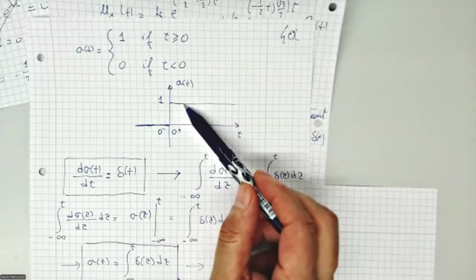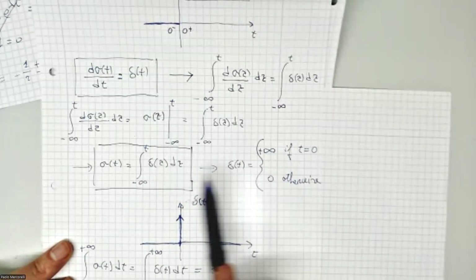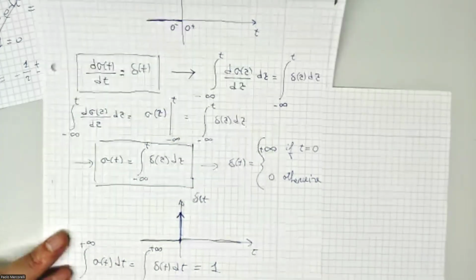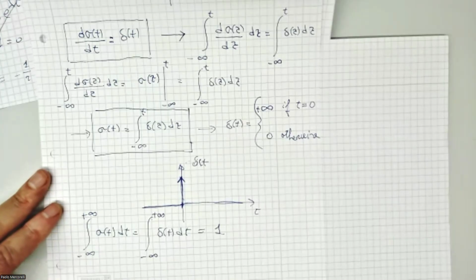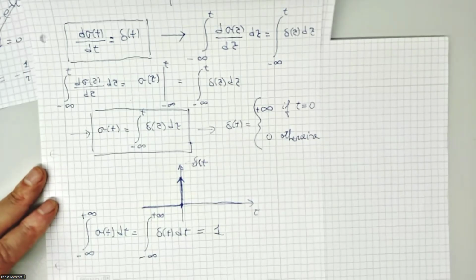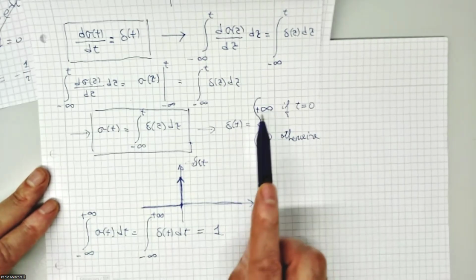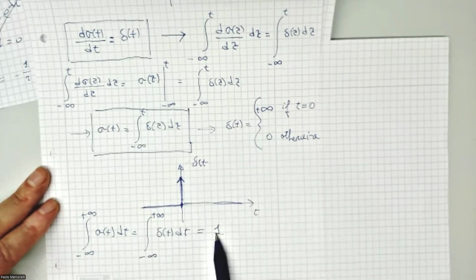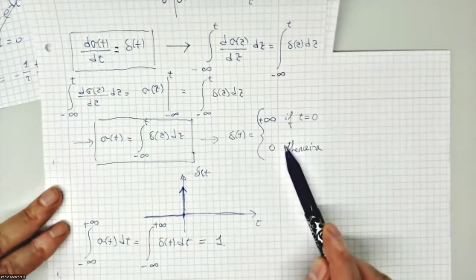I show you now with the presentation. Excuse me, I made a mistake here. Otherwise, it cannot be in the sense of everything which I told you until now, plus infinite, but characterized by the integral equal 1. I will show you again this. I will show you with the graphical interpretation.